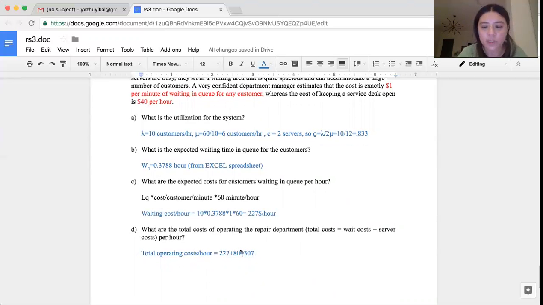Since we know for each service desk, the cost of keeping a service desk open is $40 per hour, the 80 here is 2 times 40. And the total cost is $307 per hour.